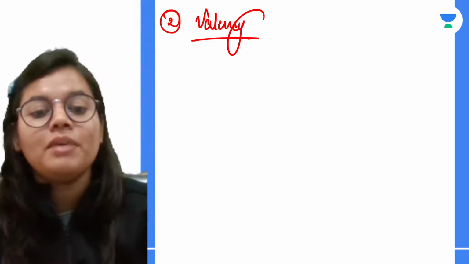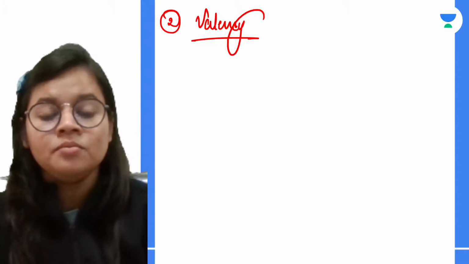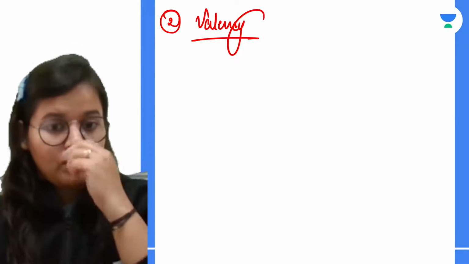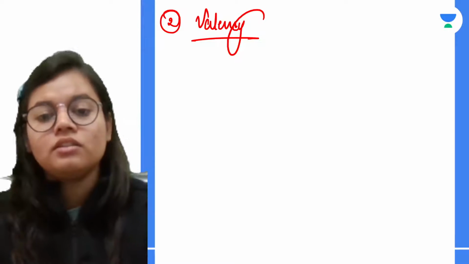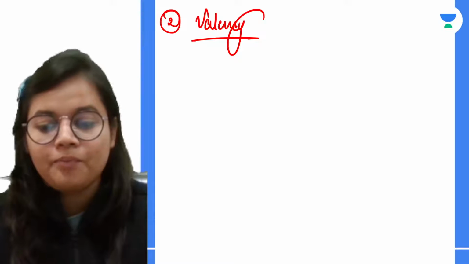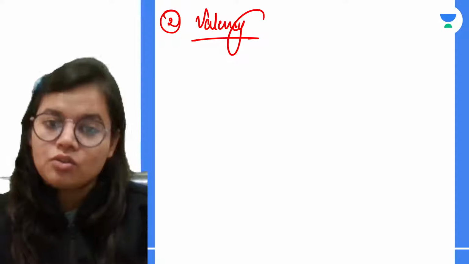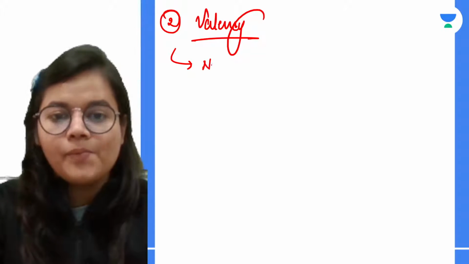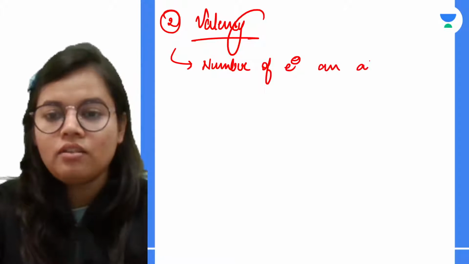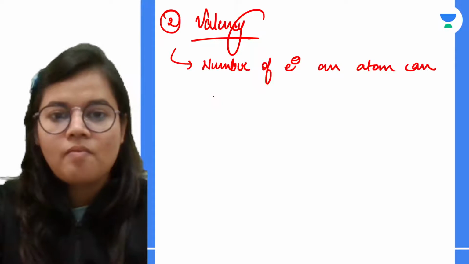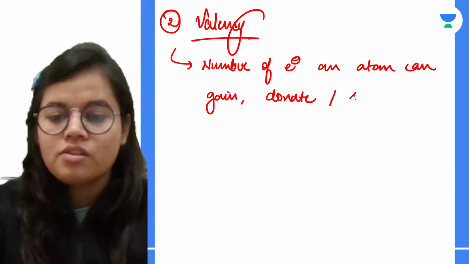So first of all, what do we mean by valency? The term valency. Okay, anyone? What do we mean by the term valency? It is basically the combining capacity of an element. In much easier language, it is equal to the number of electrons an atom can either gain or donate or share.